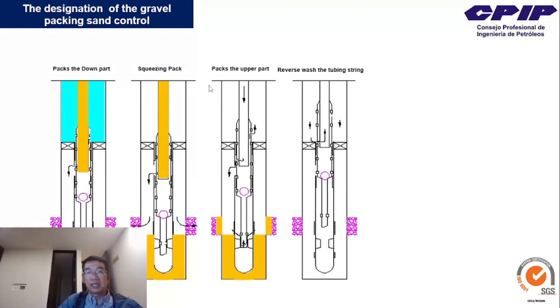And the third one is pack the upper part. And the fourth one is reverse circulation tubing screen.